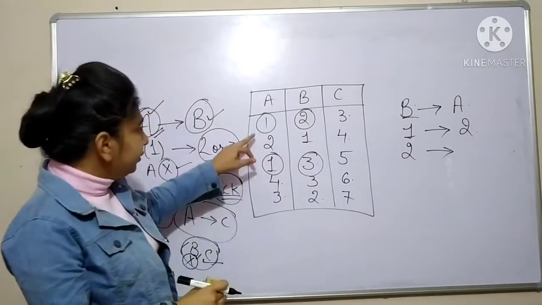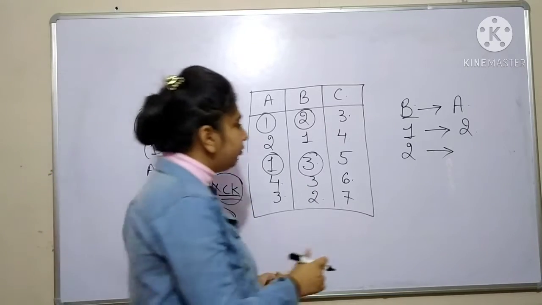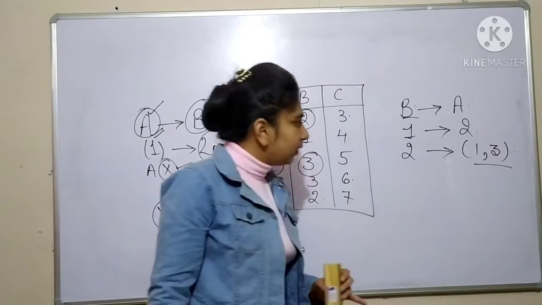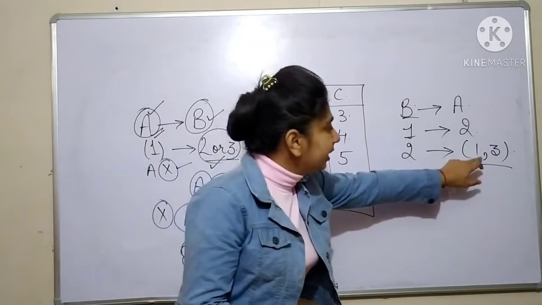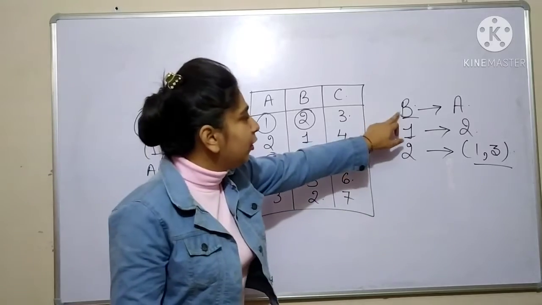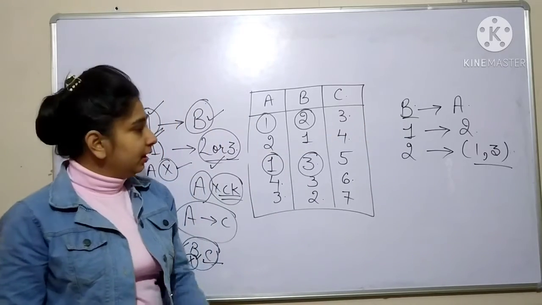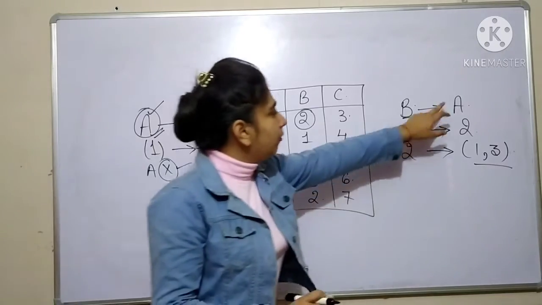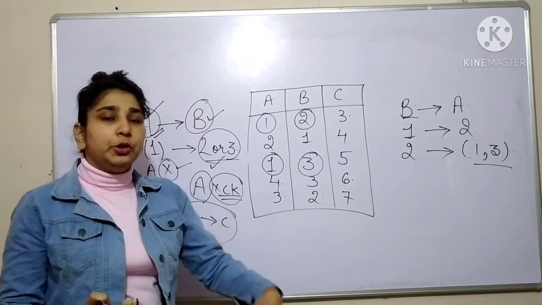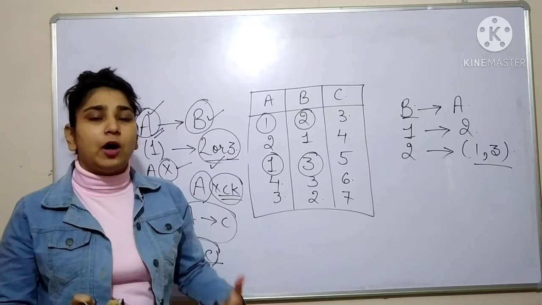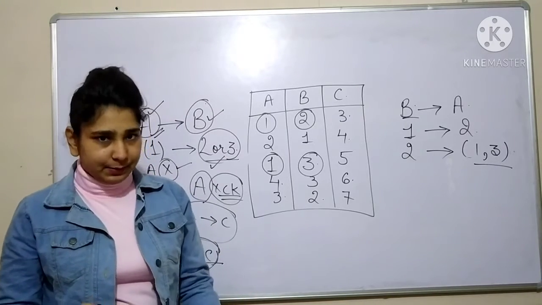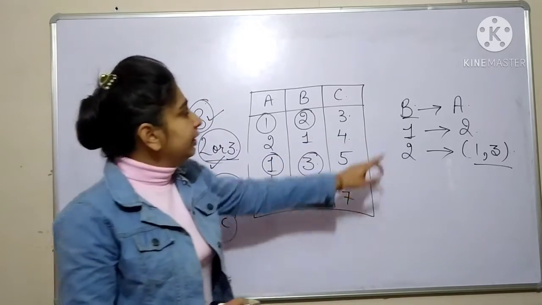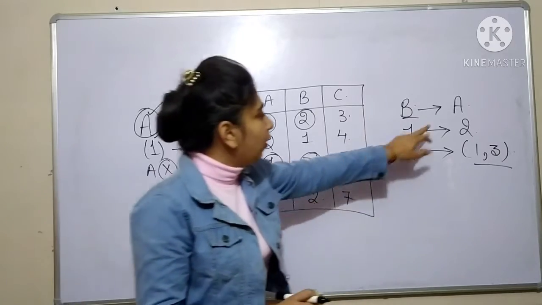You are getting 1 and 3. So you are getting multiple values for one value of attribute B. You are not getting the exact or definite answer, so B is not able to determine the value of A.